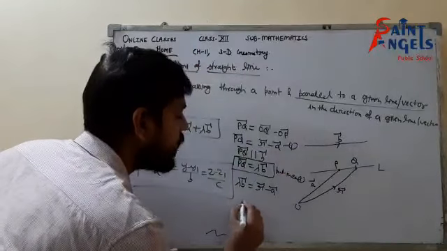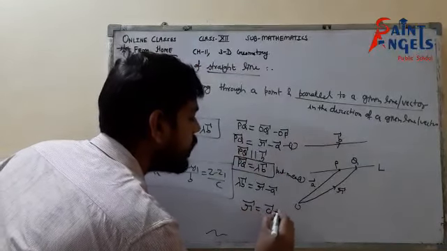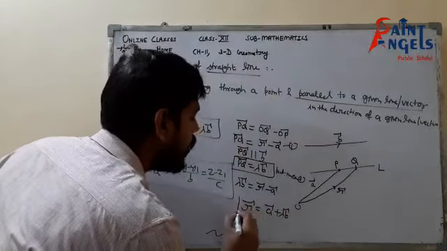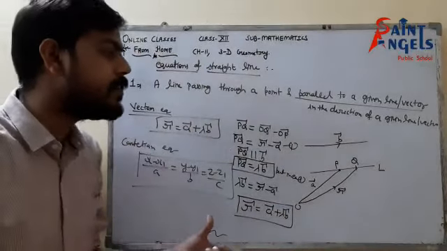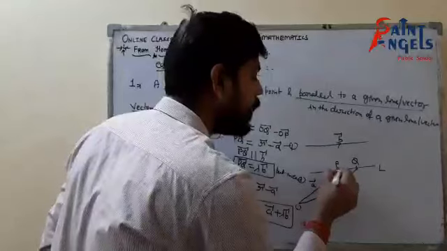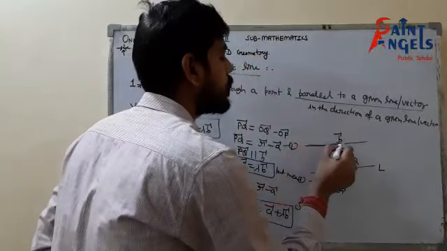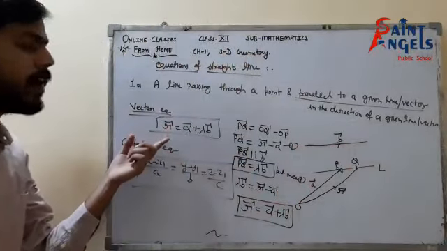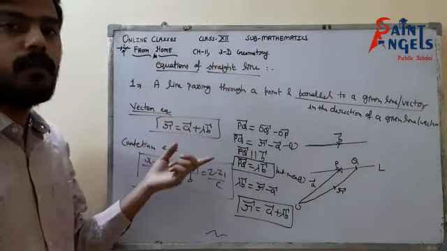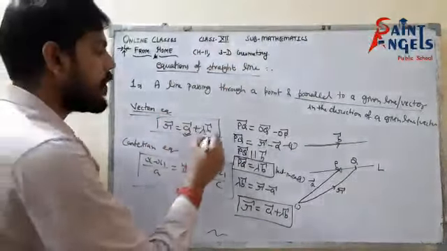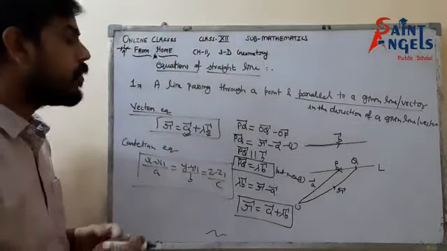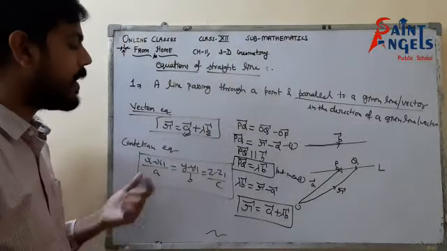From here we get R vector equals A vector plus lambda B vector. So this is the vector equation of a line passing through a point P and parallel to a given vector. Here vector A is the point through which the line is passing and vector B is the vector to which the line is parallel.